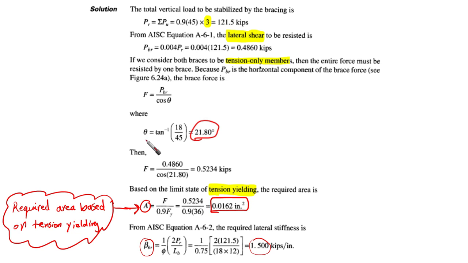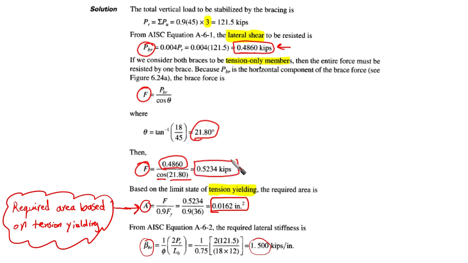Then, based on that, we can say that the force is going to equal 0.486, which we have already obtained. This is the required lateral shear strength over cosine theta.